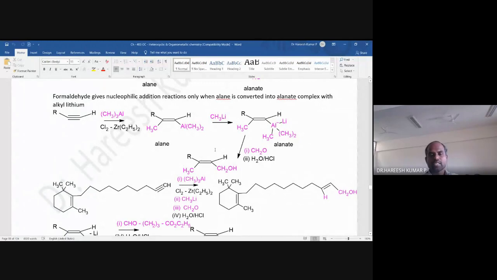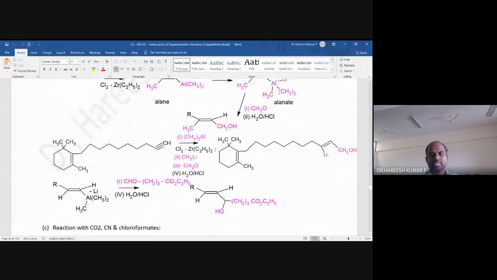Let me give one more example of this kind. Look here, this is one triple bond. When it is treated with trialkyl alane, and dichloro diethyl zirconium is the catalyst, the methyl group will add to this carbon and the alane group will add to this carbon.